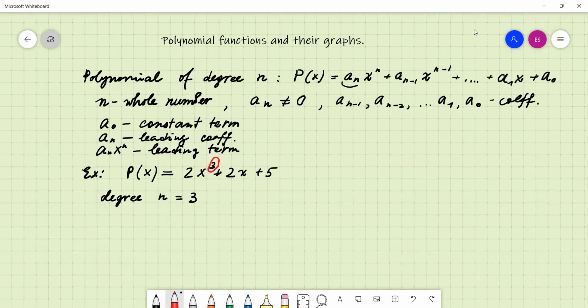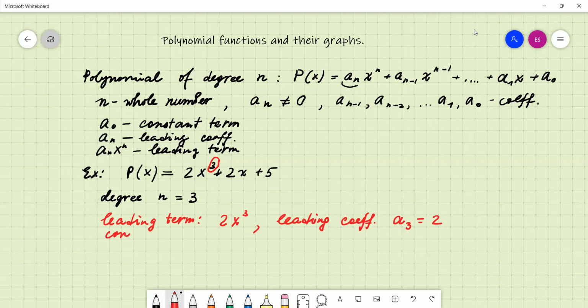The leading term is 2x cubed. The leading coefficient, a3, equals 2. What else?